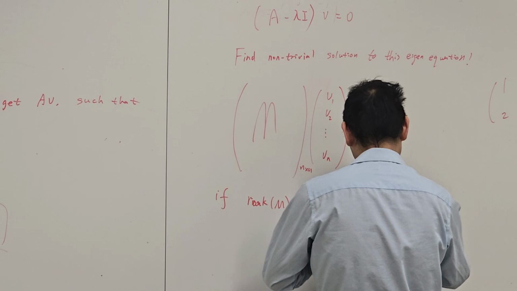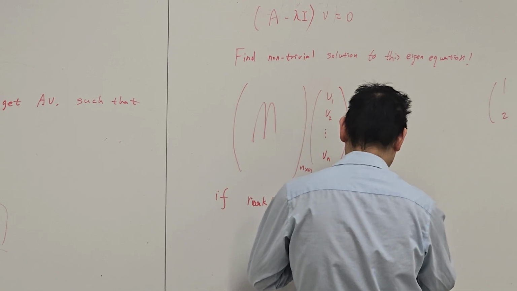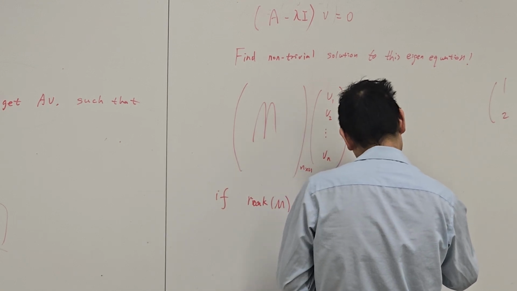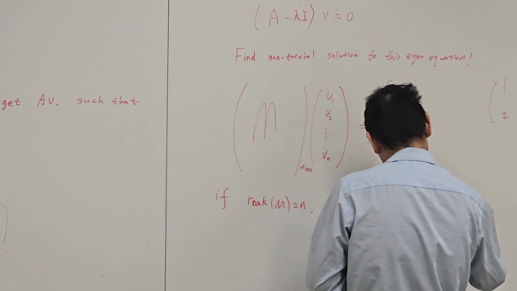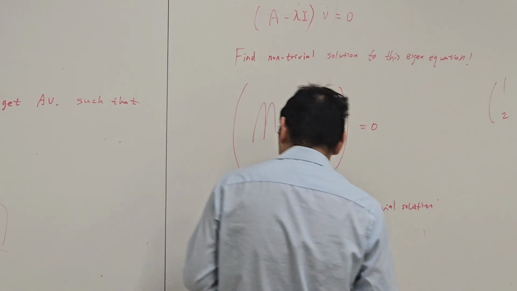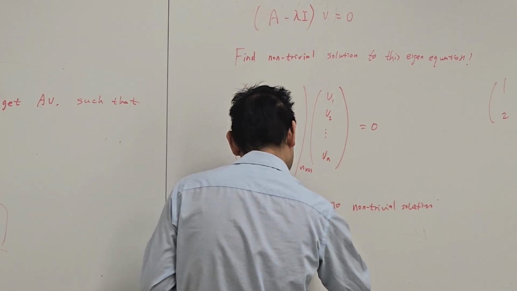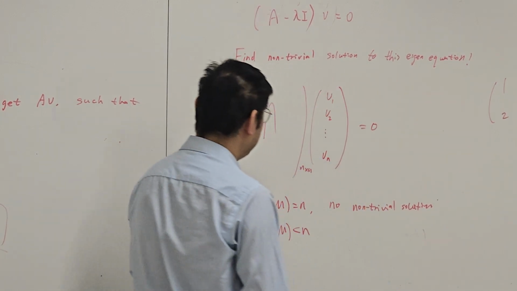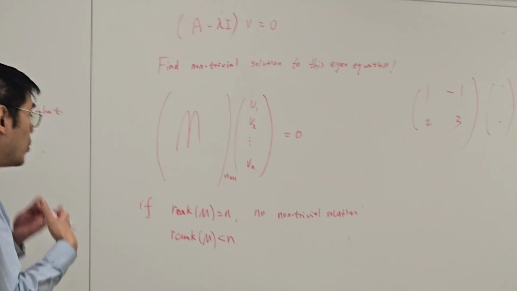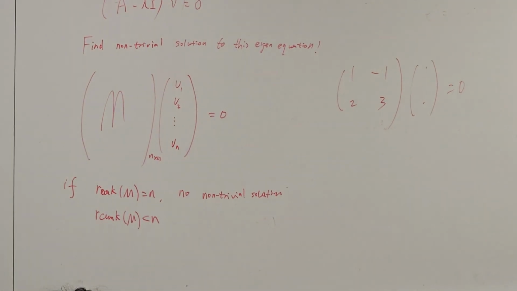No non-trivial solutions. So that also tells us the rank of M has to be smaller than n, right? Has to.